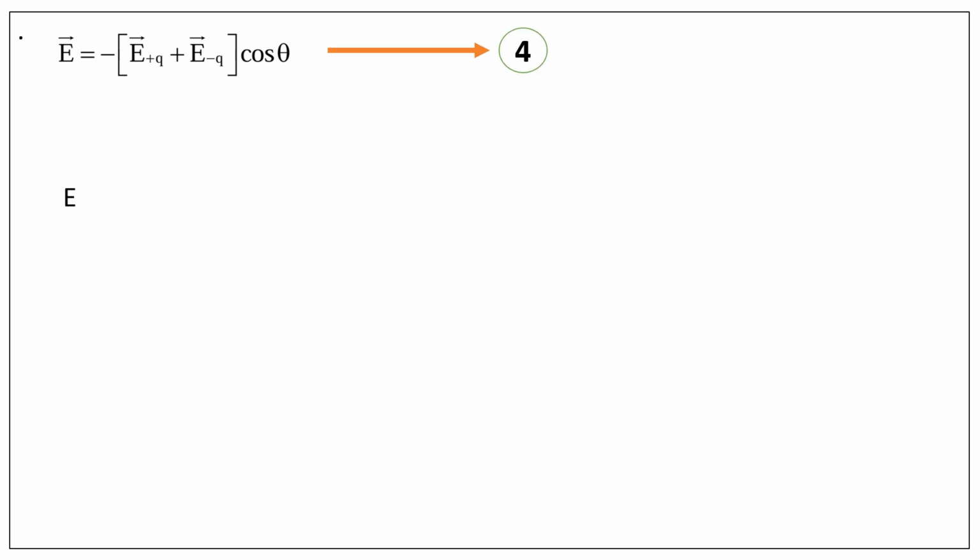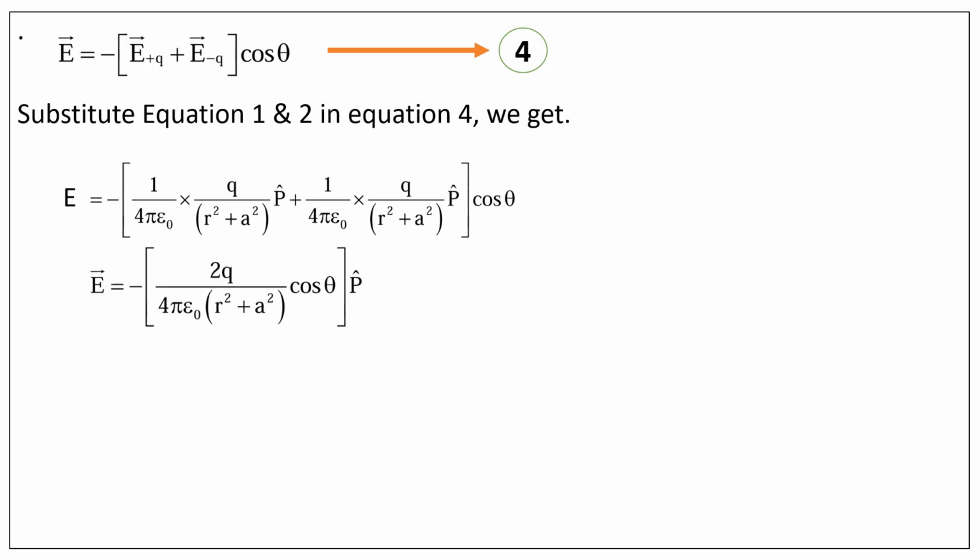Substitute equation 1 and 2 in equation 4, we get E is equal to minus into bracket 1 by 4 pi epsilon naught into Q by (r square plus a square) into P cap plus 1 by 4 pi epsilon naught into Q by (r square plus a square) into P cap, into cos theta.